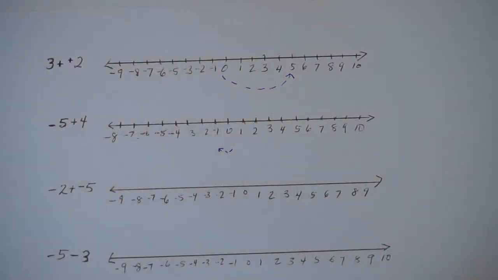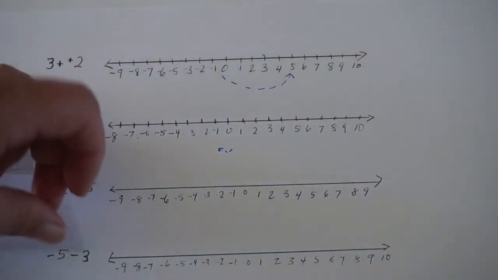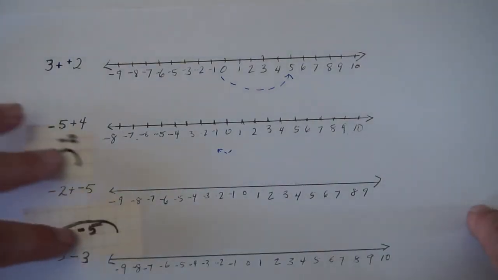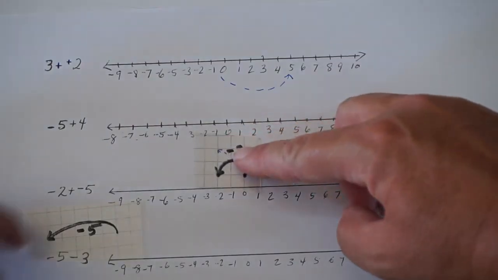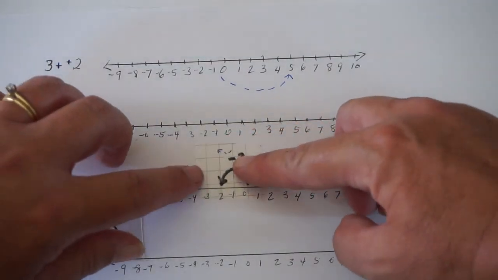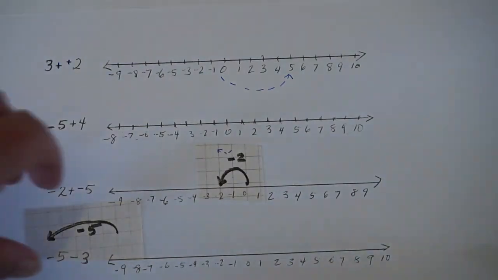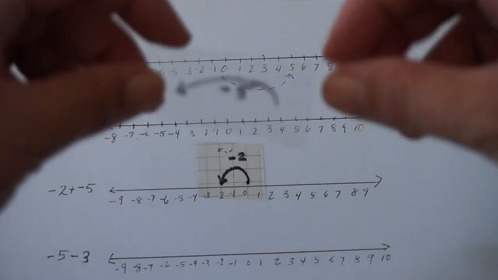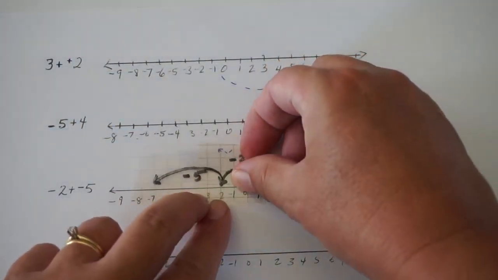Moving on to the next example, we have negative 2 plus negative 5. So I need both of those arrows, both pointing to the left. We start on 0 with negative 2. And because we are adding, we hook head to tail. So arrow to non-arrow. So here we go.